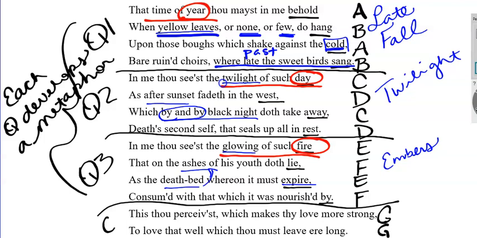I'm going to pull up another slide, and we're going to think about what these different stages and seasons could represent. So let's look at what these quatrains could represent in the 4 stages of life. Birth, being a baby, is going to be that first stage. Youth, young adulthood. Youth doesn't necessarily have to be just teenager, but we can think about young adulthood as well. Then old age and death.